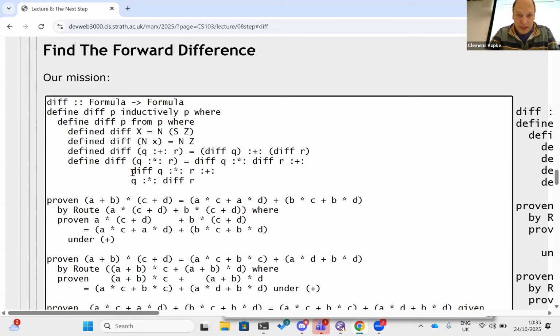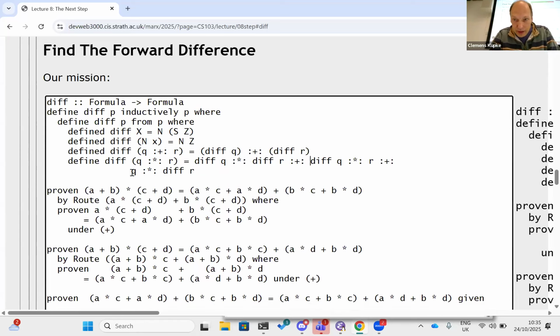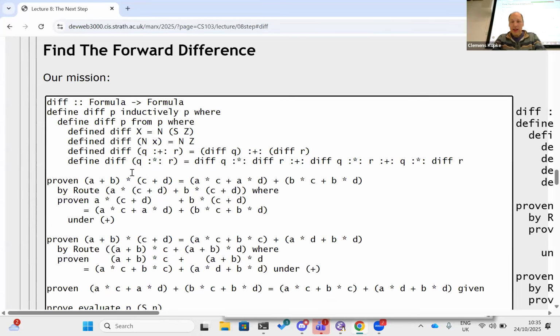So what we now have is basically three terms. Oops. Three formulas put together. But the derivative of the product is kind of the product of the derivative of both plus the derivative of q times r plus q times derivative of r. Difference, not derivative.